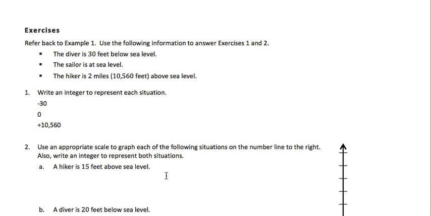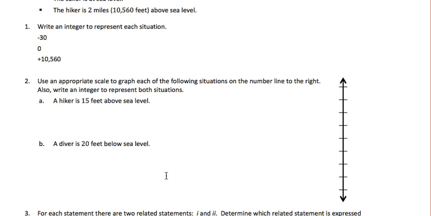Then we're going to use an appropriate scale to graph each of the following situations on the number line and write an integer to represent both situations. First of all, a hiker being 15 feet above sea level, as an integer that's positive 15. And the diver being 20 feet below sea level is negative 20. And that part I think we're pretty certain about.